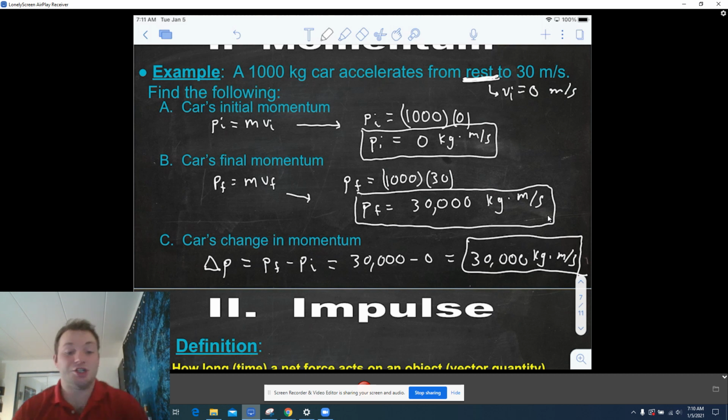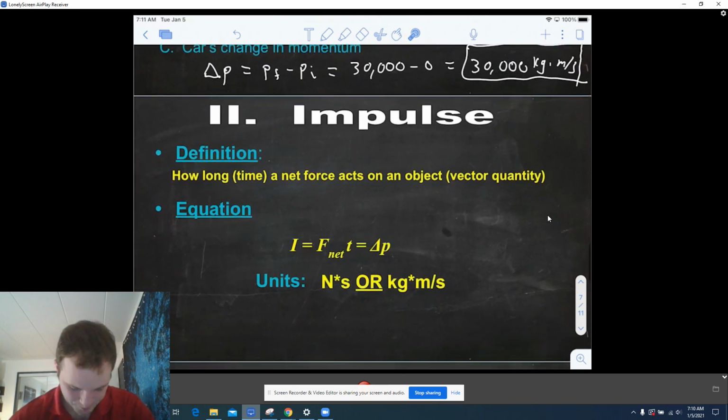This change in momentum value is going to be very important for us. One of the ways we analyze momentum is we see how much momentum an object gained or how much momentum an object lost. Eventually, we're going to be able to tie force into that, and you'll see that over the following weeks. But a big thing in physics is how much momentum was gained, how much momentum was lost, and we can quantify that.